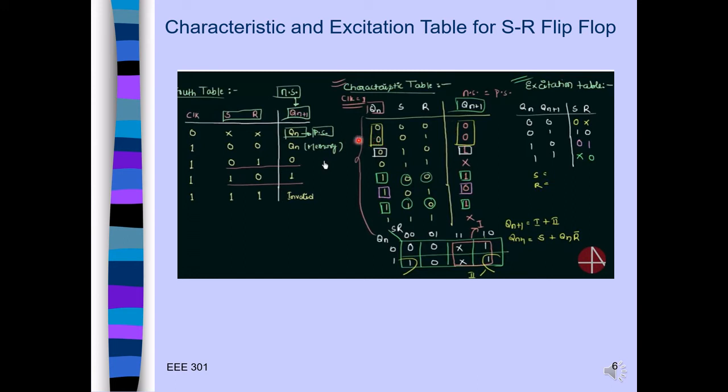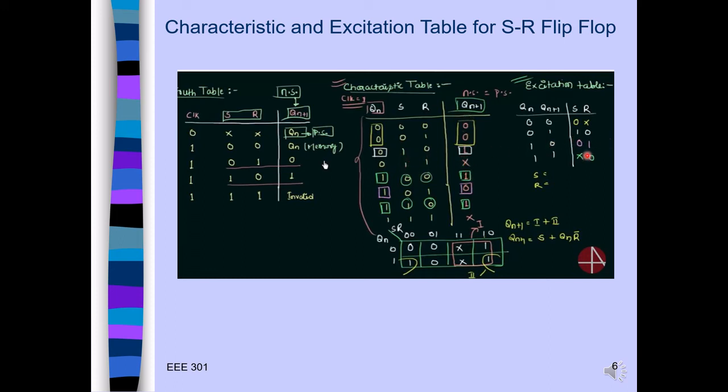For Qn 0 and Qn plus 1 0, our S is always 0, but our R is changing from 0 to 1, so we can write S equals 0 and R equals don't care, that means it can be 0 or 1. Next, 0 1: when Qn is 0 and Qn plus 1 is 1, S becomes 1 and R becomes 0, so 1 0.